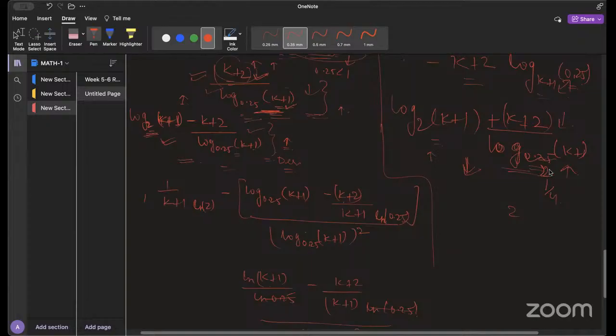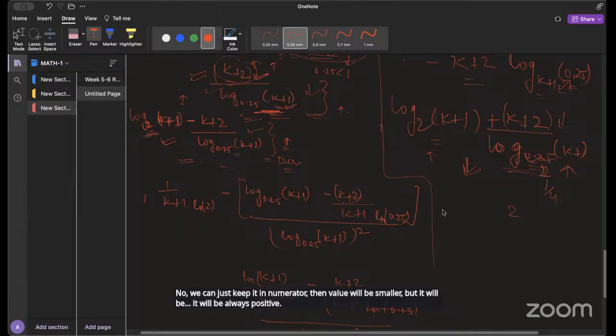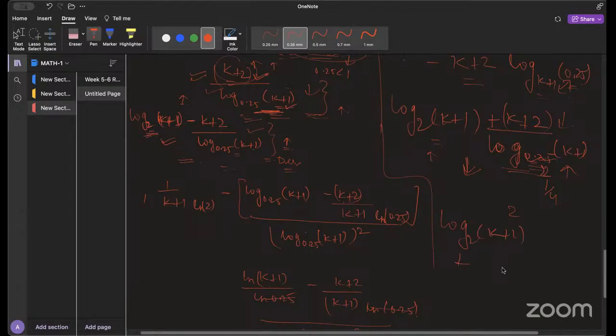But you're saying that you can just change the base here, right? To 2. We can just keep it in numerator. Then value will be smaller, but it will be always positive. This will become 2.